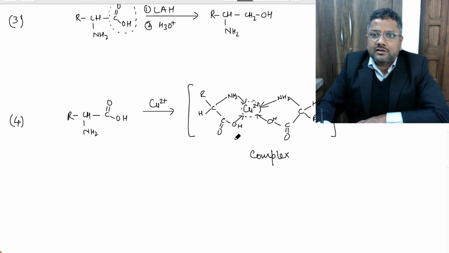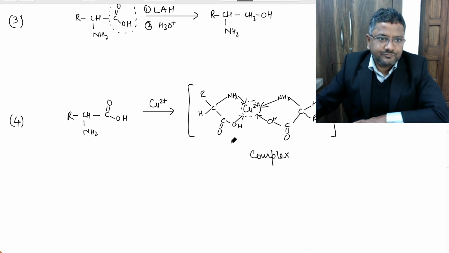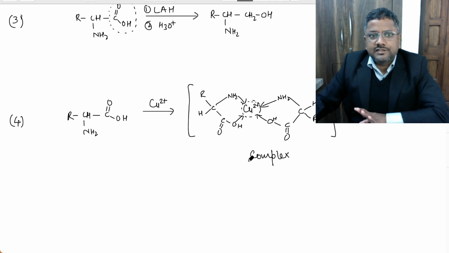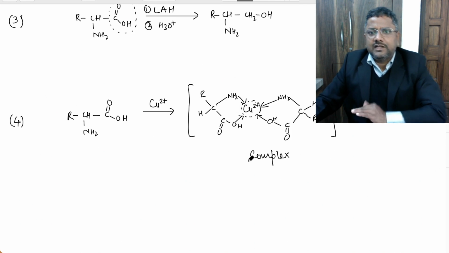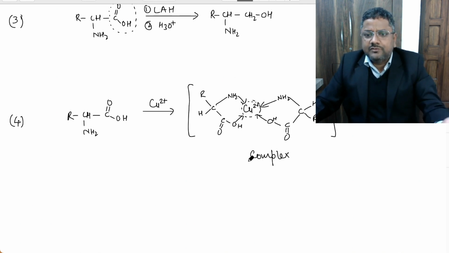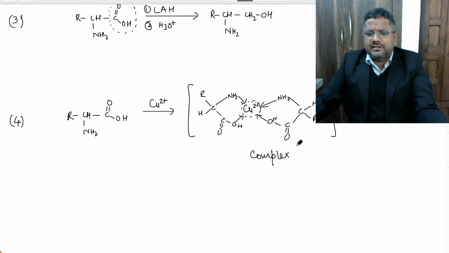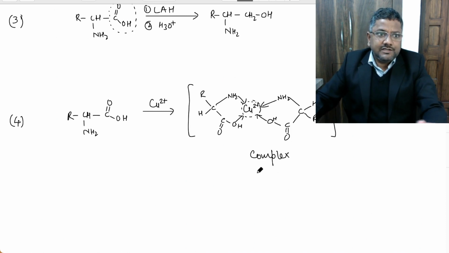So coordination number is 4 for this complex. Okay. So like copper, if you take other transition metals, you will get similar kinds of complexes, right?